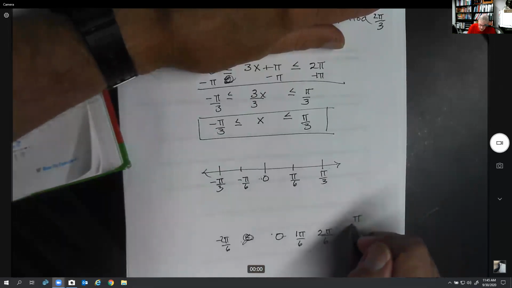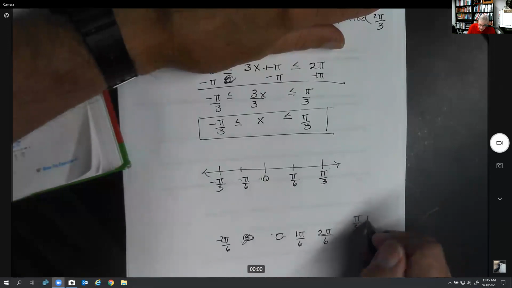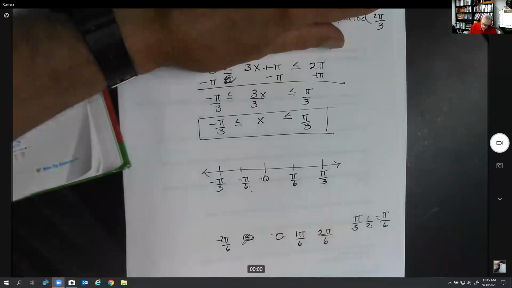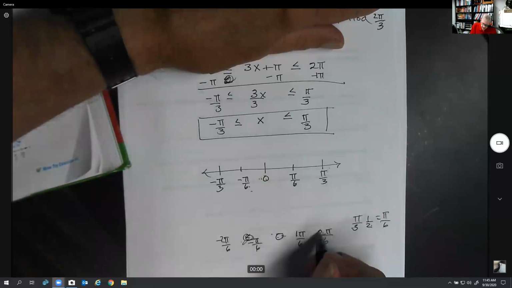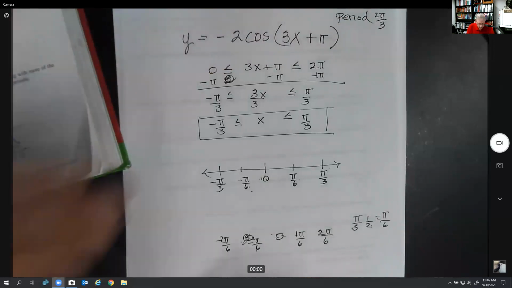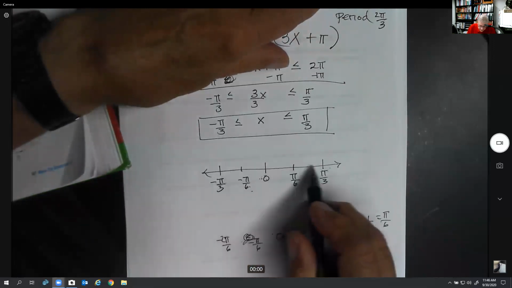You could also do it this way. Take pi over 3, because our endpoint here was 0, just multiply it by 2, pi over 6. So that's how I find these two numbers here. This would be negative pi over 6. 0 plus 2 is 2, divided by 2 is 1. See? So we always want 4 divisions, 1, 2, 3, 4, 4 spaces.